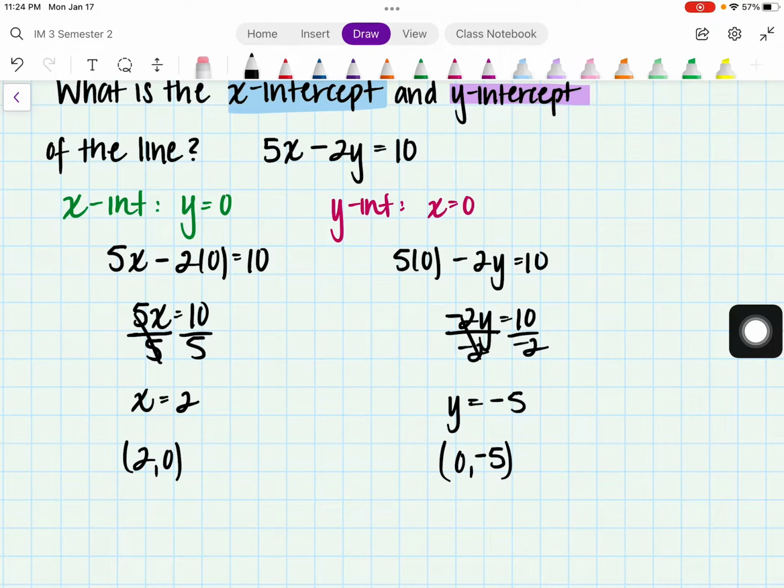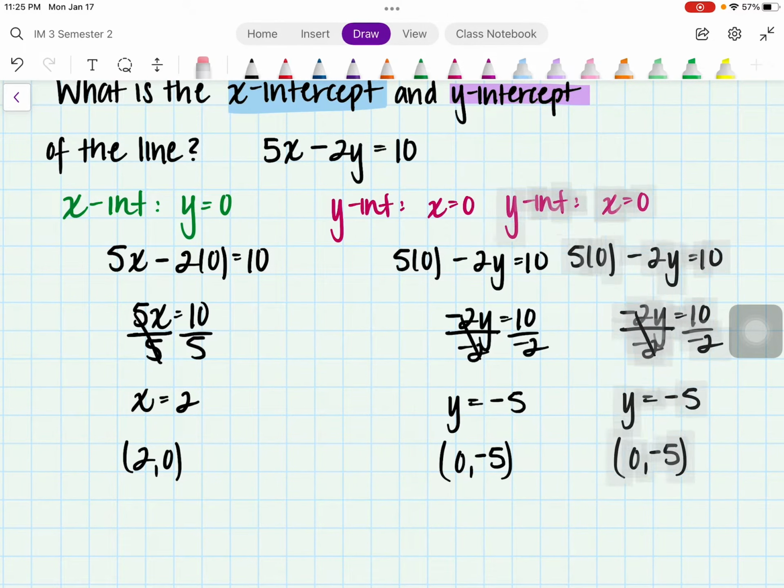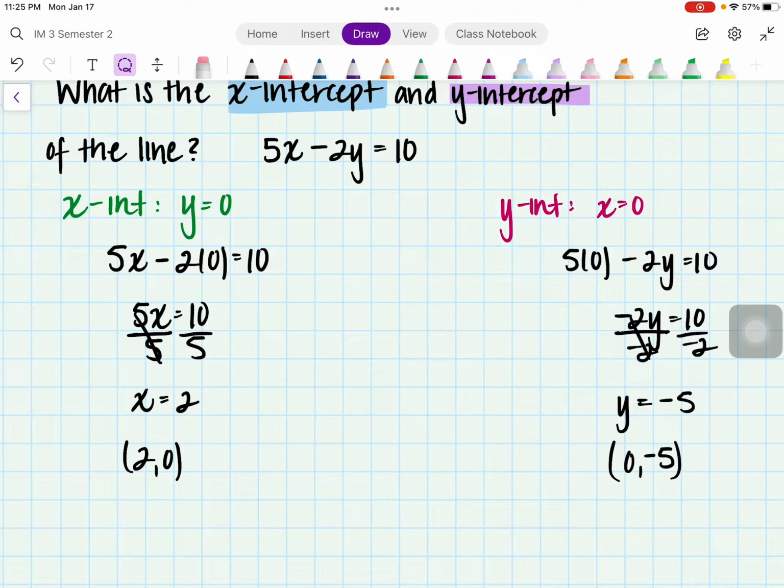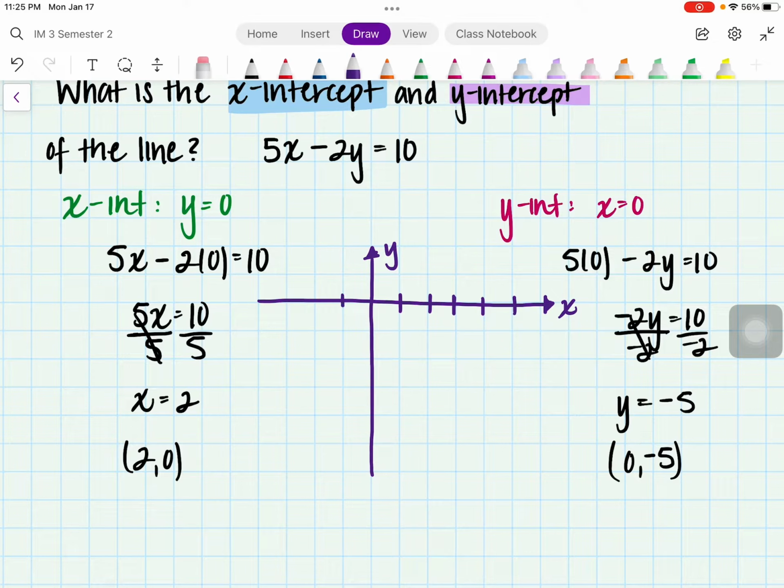If we were to graph this equation, let me move this a bit to the side and graph it here. Let's say I build a graph that looks something like that. This is x, this is y.